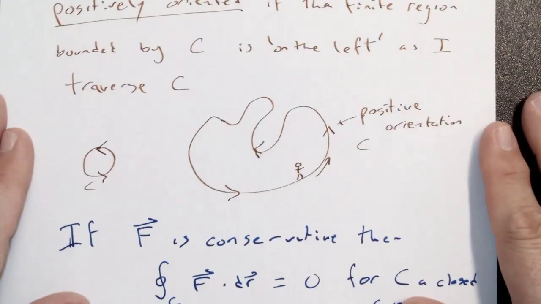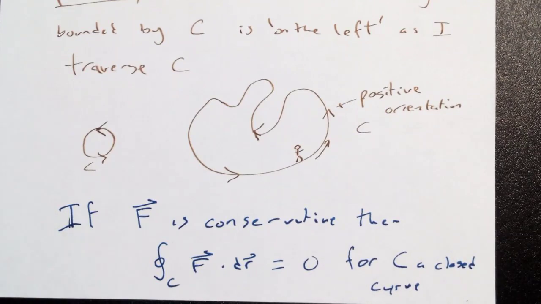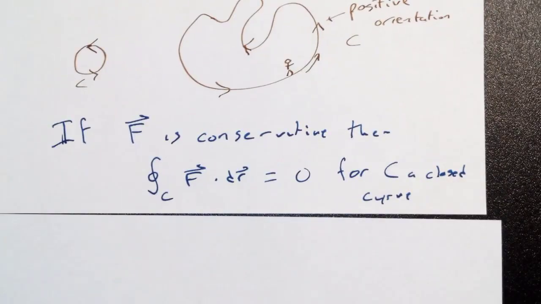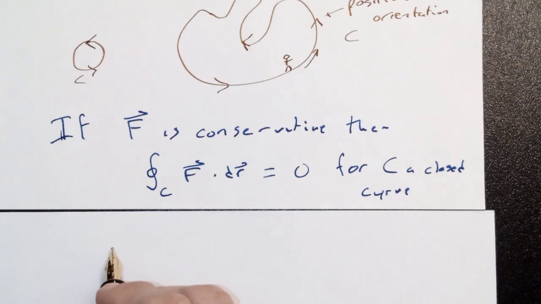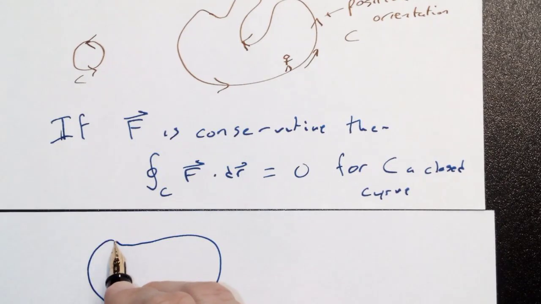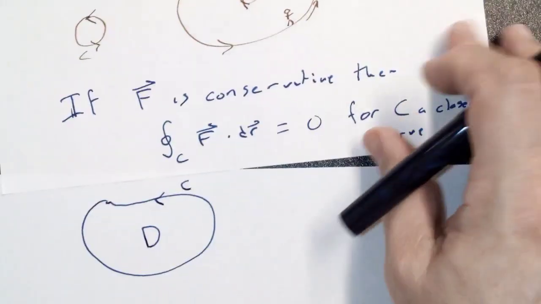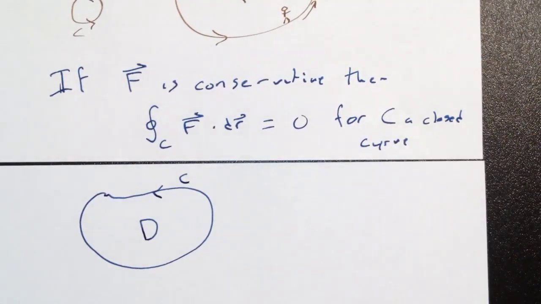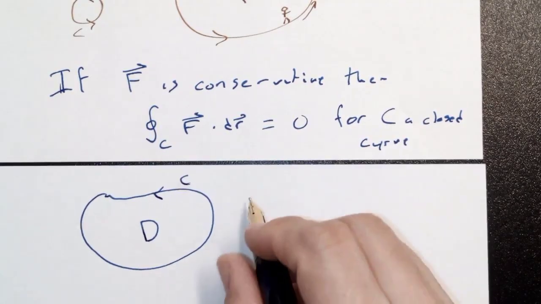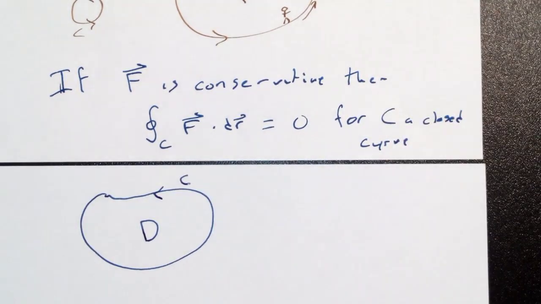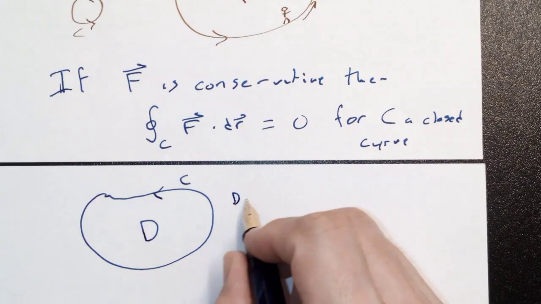But when I have a closed curve, I have an inside and an outside. So what if instead of thinking about a curve and an end, let's think about the region inside my curve. D is the finite region bounded by C. That finite region that we were talking about in the previous definition.